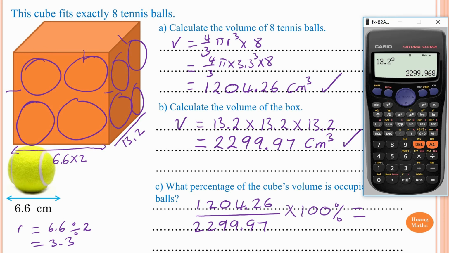So I just store this in memory B first. So all I need to do now is A, which is the volume of the tennis balls, divided by the volume of the box, which is stored in B, and then we times by 100.